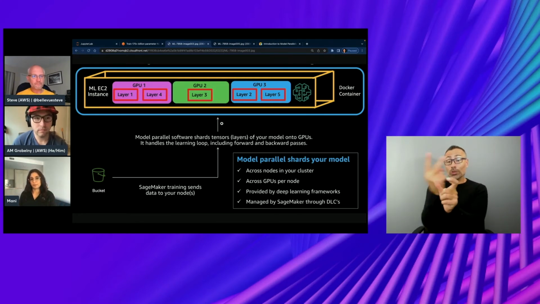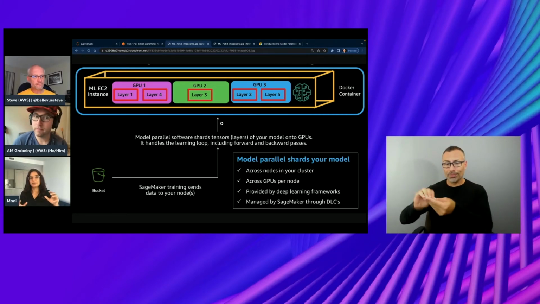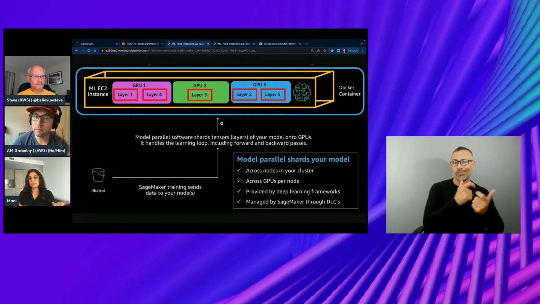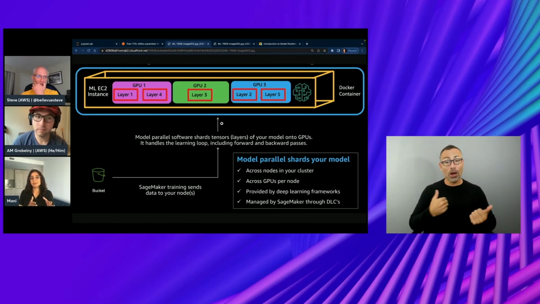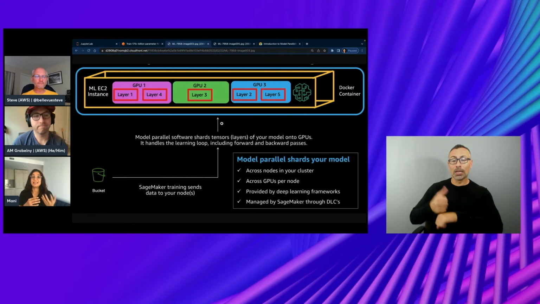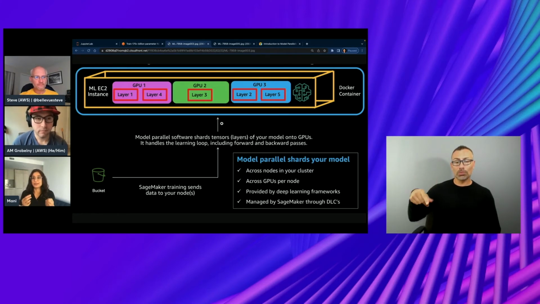Just a pro tip here: if you have such a big model and you start with one instance with 4 GPUs, and you feel that you need more GPUs, I would say go with a single machine which has 8 GPUs. The reason is that there is a communication overhead as well.